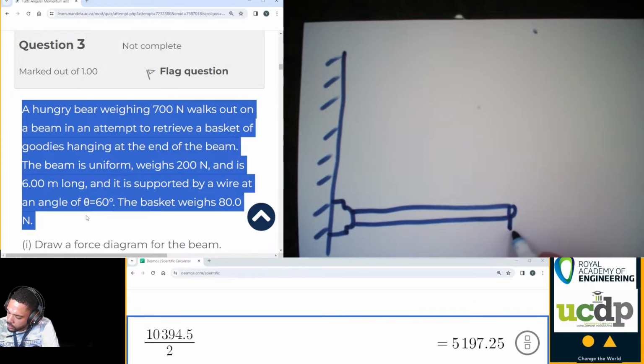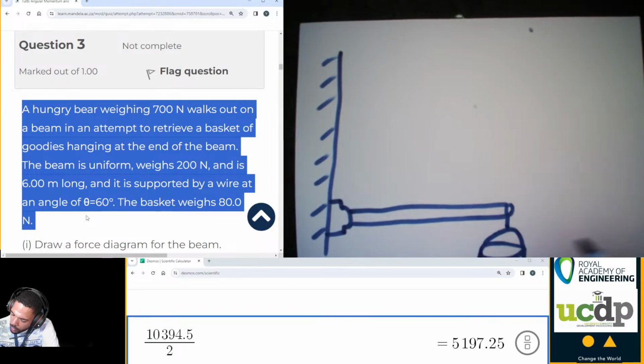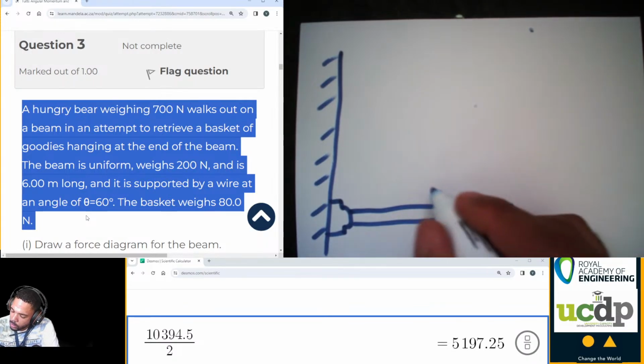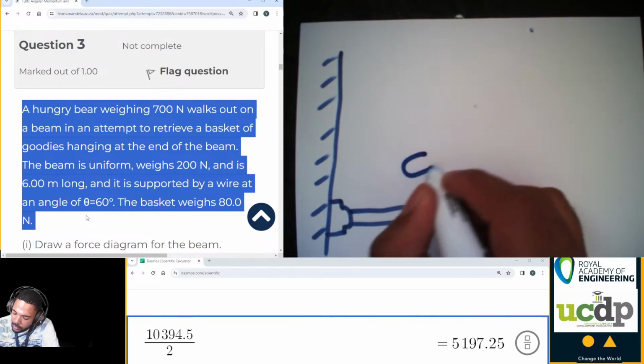On there is a basket, and in that basket is some bread, a baguette, a lollipop, whatever. There are some goodies in this basket hanging on this pole. And on this pole is the bear.